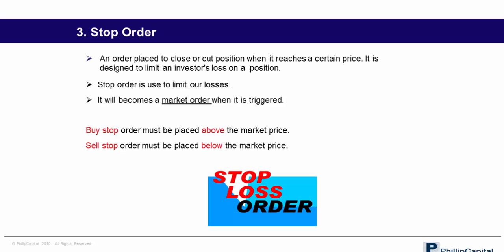So, for example, if you're holding a short position, you can put a buy stop order above the market price. This means that if the market is going up, it will be against your favor and you would buy back. You put a buy stop order to close out your position.